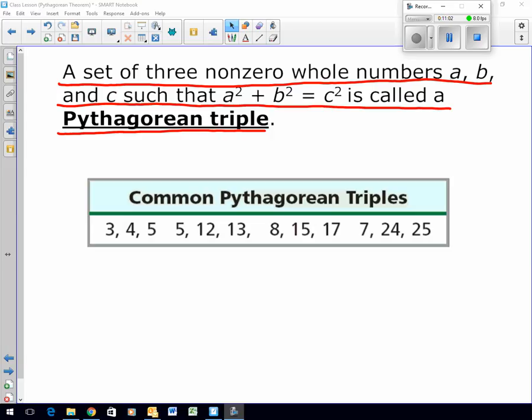The easiest way to remember them is counting numbers. We don't typically, when we count, say 1, 2, 3, 4. That's typically not what we do.